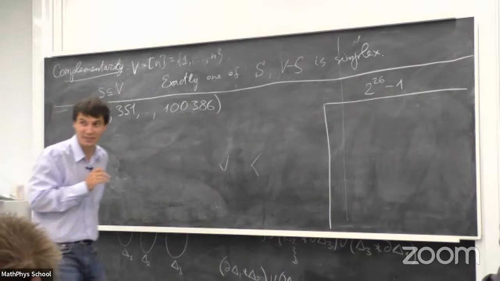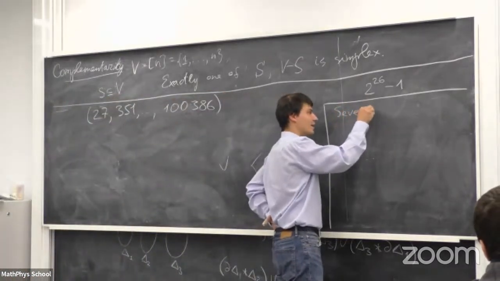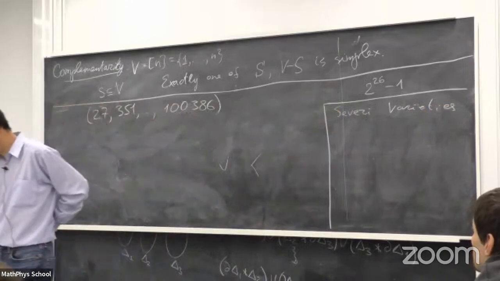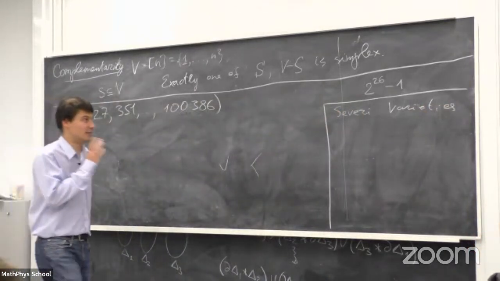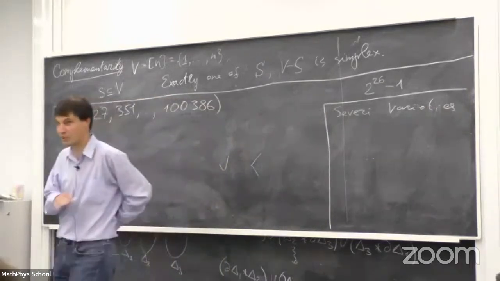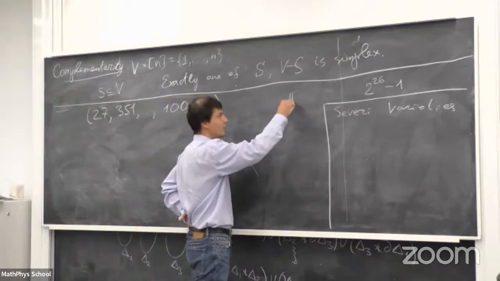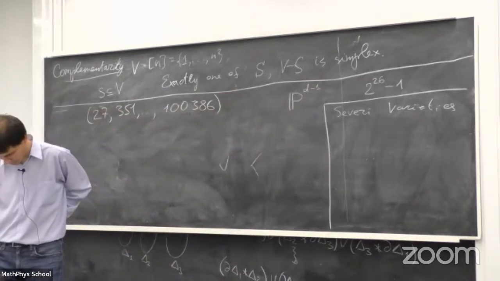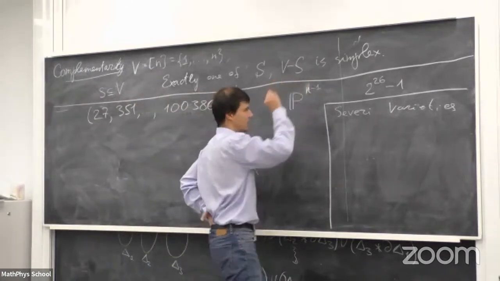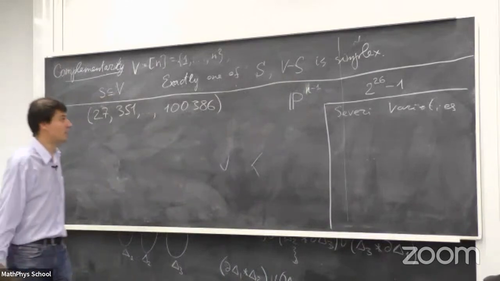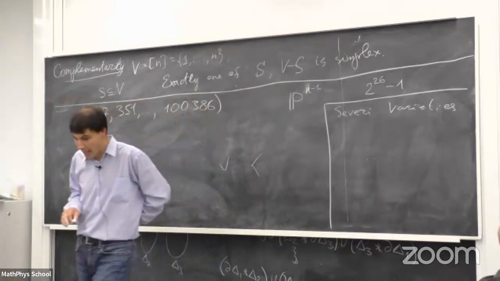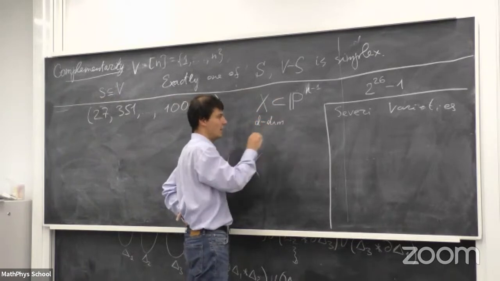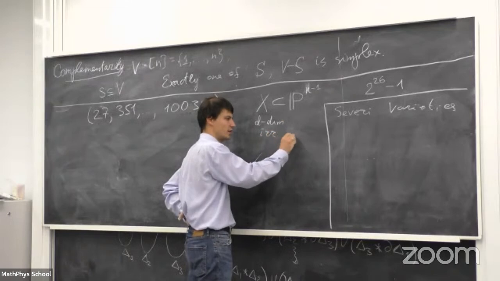There are so-called Severi varieties. Now, forget for a moment about triangulations, and let us consider a nice question in complex projective algebraic geometry. Assume that you have a complex projective space of dimension n-1, and we consider X, which is a d-dimensional, irreducible, smooth projective variety.